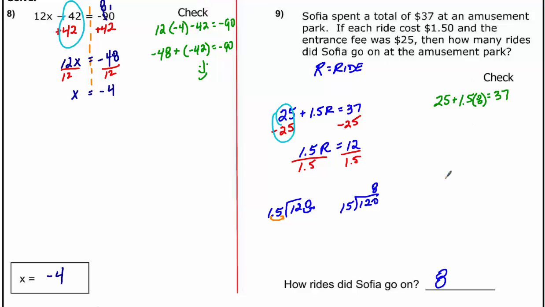So I'm going to stick an 8 in there. I'm going to go down here and I'm going to do $1.50 times 8. 8 times 5 is 40. 8 times 1 is 8. 4 makes 12. I had 1 decimal point. Yes, I've got $25 in admission, $12 in rides. Altogether, that's going to equal 37.